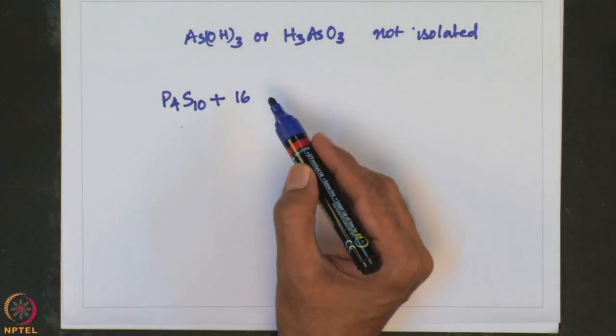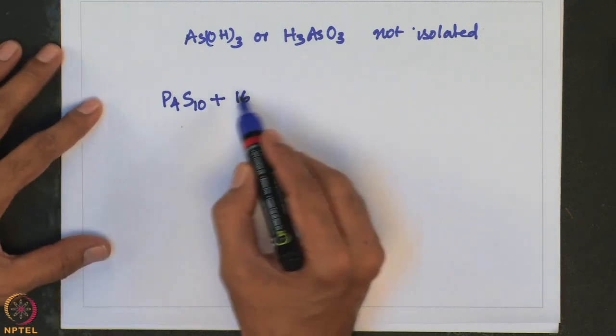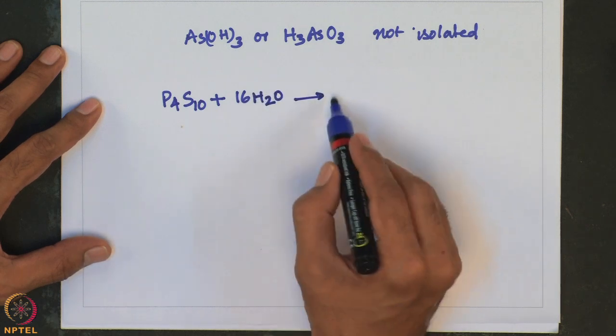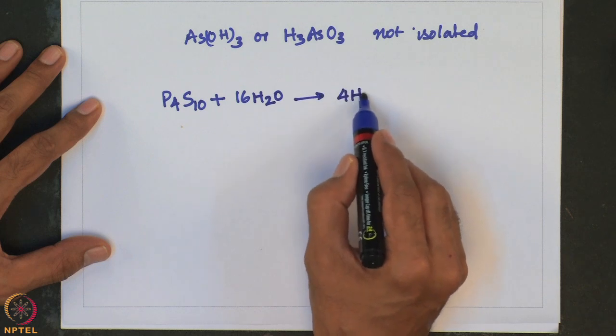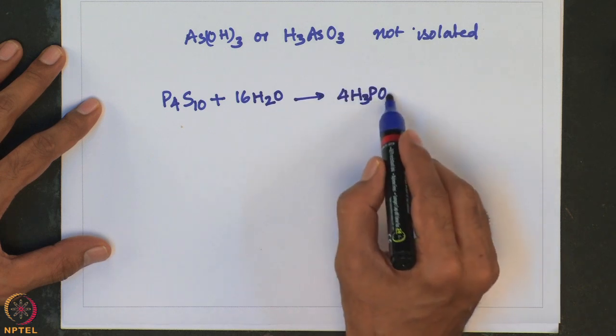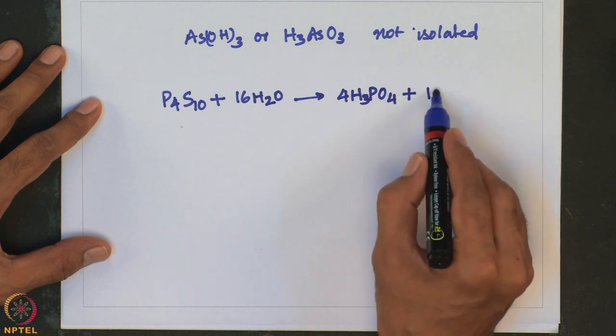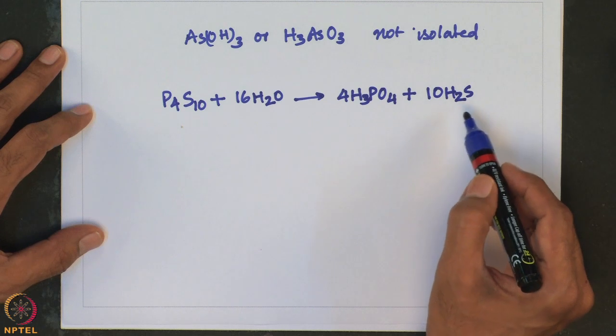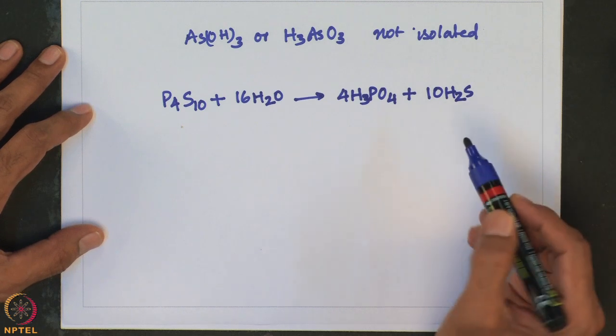What would happen when we treat phosphorus pentasulfide with water can be seen from this equation. The reaction of phosphorus pentasulfide is very similar to the reaction of phosphorus pentoxide with water, but instead of 10 equivalents of water, what we are getting is 10 equivalents of hydrogen sulfide.